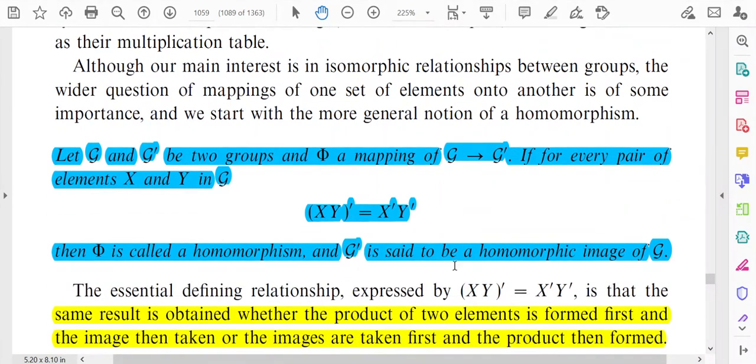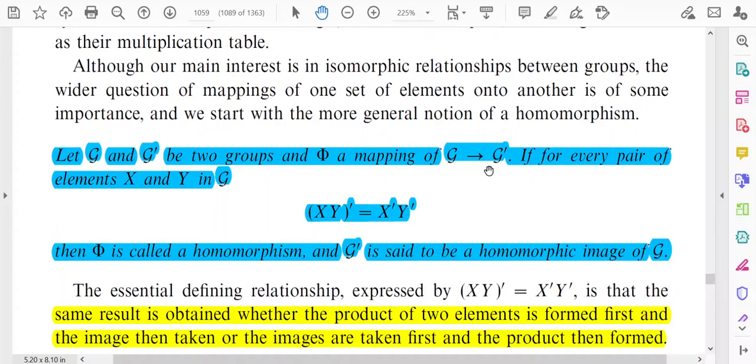Now we are going to discuss homomorphism. So what is homomorphism? Suppose G and G prime are two groups and phi is a mapping of G onto G prime.